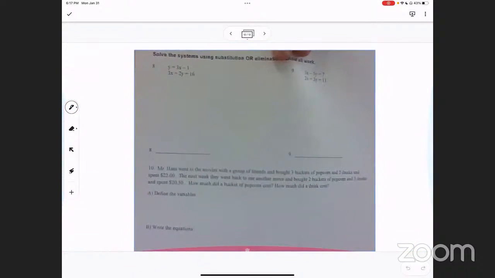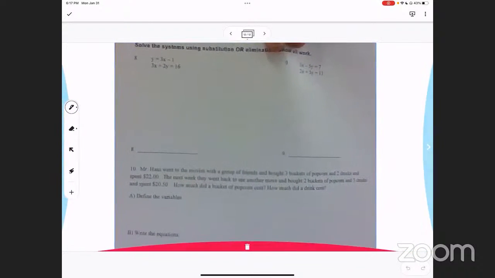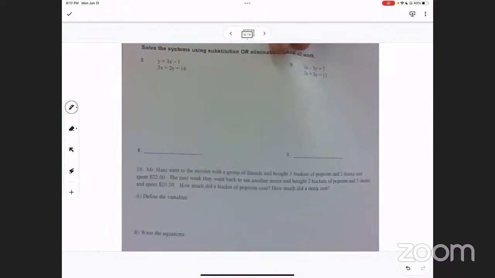All right. Solve the system using substitution or elimination. Well, number 8, they gave you a problem that lends itself to substitution. Do you see how this is y? So we're going to plug it in for that y right there.